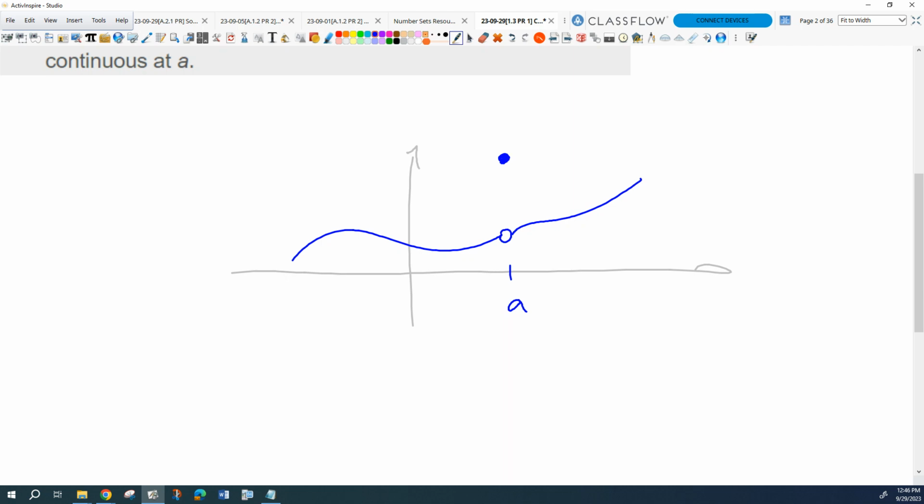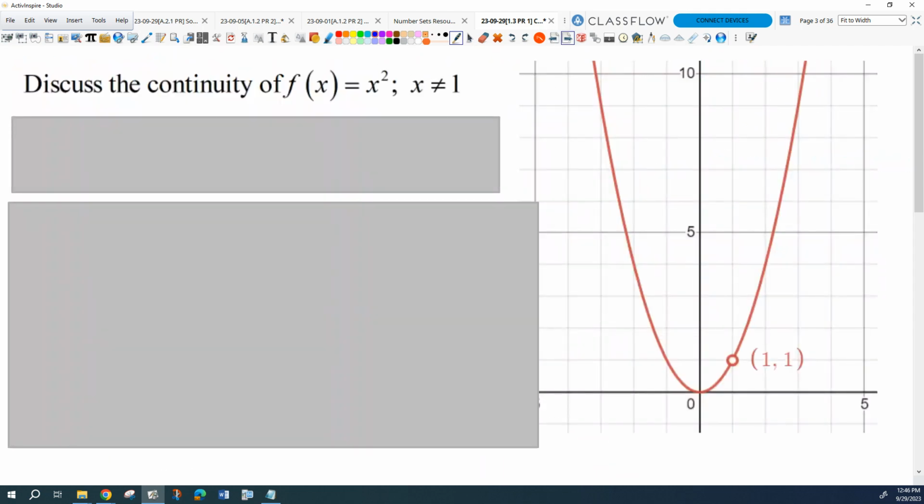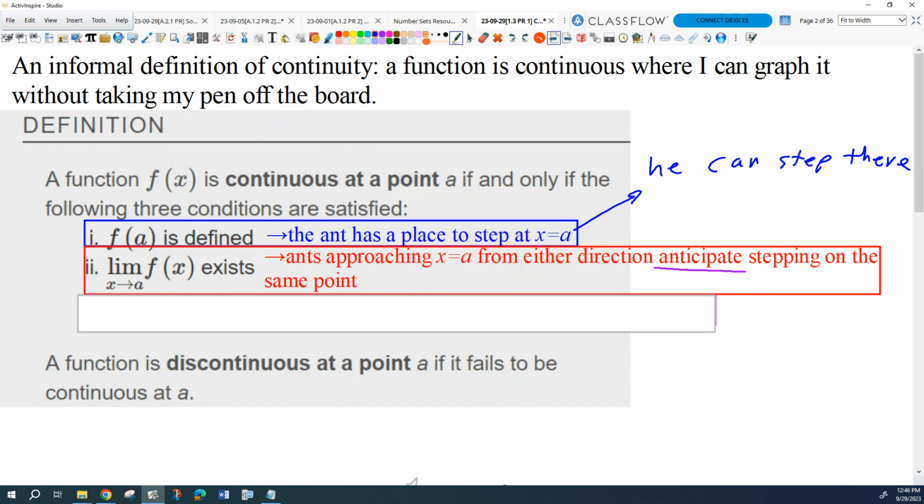So then what do you think has got to be the third criterion? Well, but that's the point. We want it to be continuous, but what has to be true about this? It has to be on the thing.